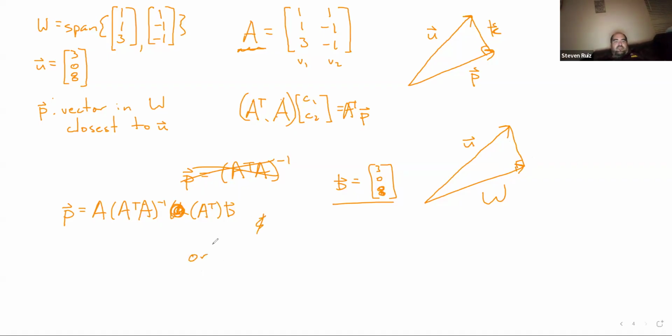One question used this term, orthogonal projection of U onto W. The other question used this term, the vector in W closest to U. Very different words, talking about the exact same thing.